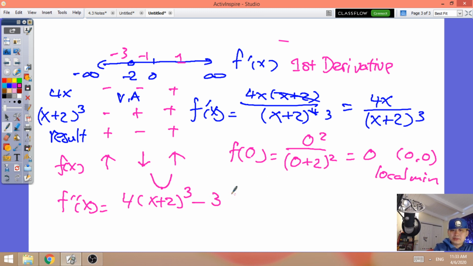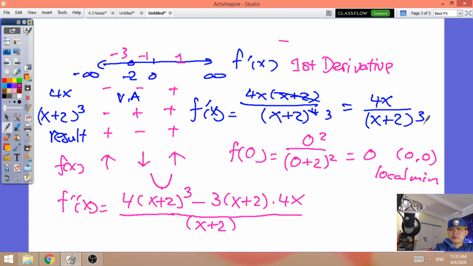So we do have 3 times x plus 2 times 4x. And then this one, it's all over the denominator, quantity squared. So you just square this whole thing here. So that would be power to power. So then that would be what? 6.